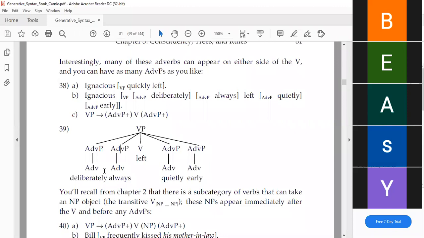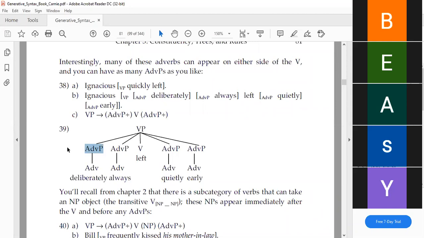This means that we can't do this, because if we do this, it is possible, by the way, according to the phrase structure rules. But the problem is what? The problem is if we do this and we have one adv, then from this adv, we have another adv, adv deliberately and adv always. This means that deliberately modifies always, that they modify each other.